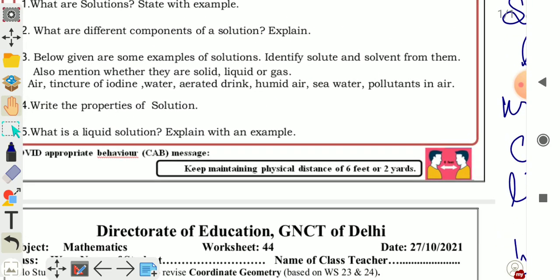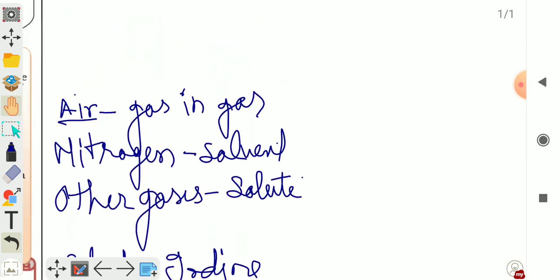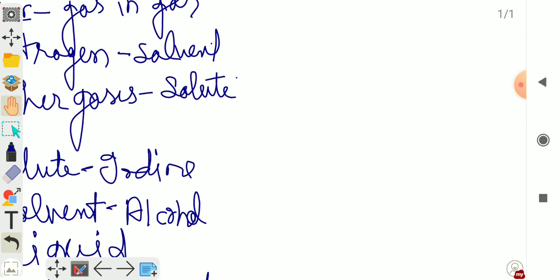Next, given to you, pollutants in air. So what is in pollutants in air, children? Pollutants are solid, and air is in gaseous form. Air is a solvent and pollutants means particles of dust and other lead particles.